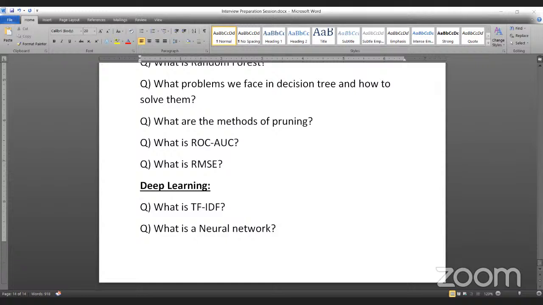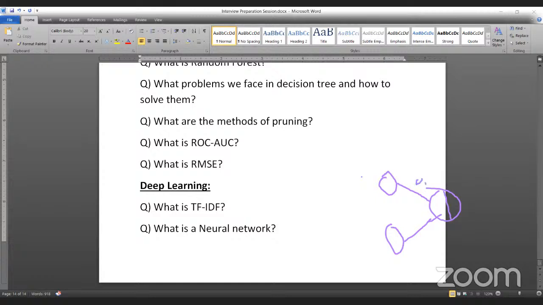Suppose we have two inputs, input one and input two. The first operation forms a weighted sum.